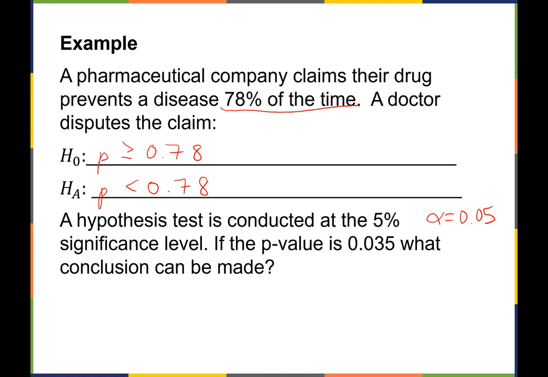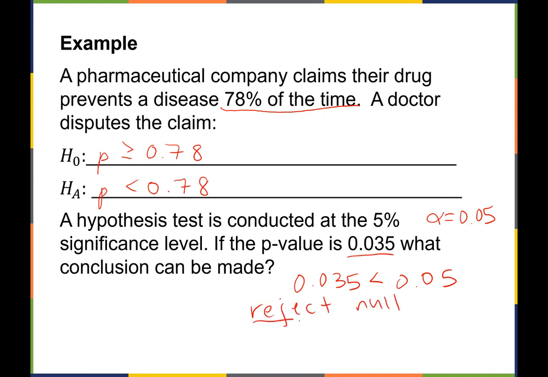Okay. What was our p-value? 0.035. Is that more or less than alpha? All right. Well, 0.035 is less than 0.05. The p-value is low. The null must go, right? That means we are rejecting the null hypothesis.